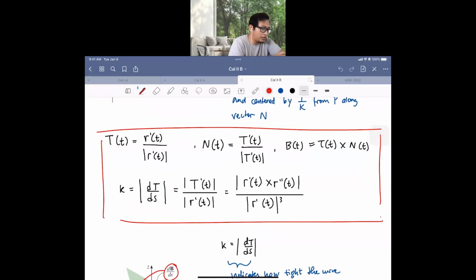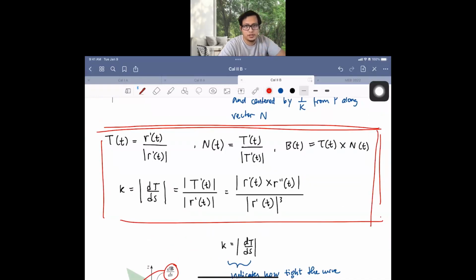I think this is all important for Chapter 13. So I hope you're already familiar with the unit tangent. It's related to the r prime, and the normal is related to the first derivative of the unit tangent, t prime, and the binormal is a cross product of t and n.